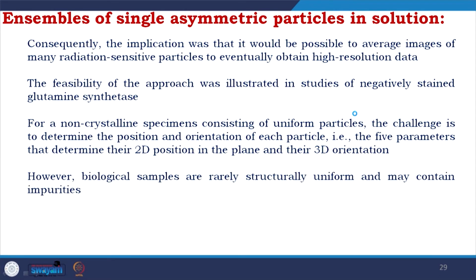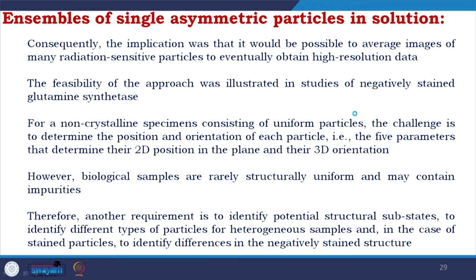However, biological samples are rarely structurally uniform and many contain impurities, as we know. Therefore, another requirement is to identify different types of particles for heterogeneous samples, and in the case of stained particles, to identify differences in the negatively stained structure.